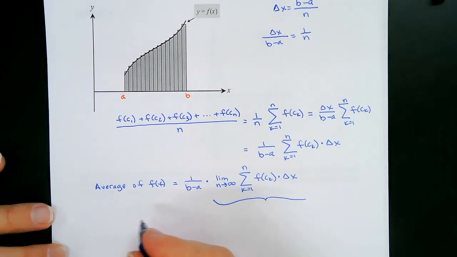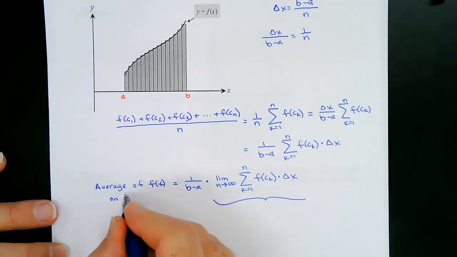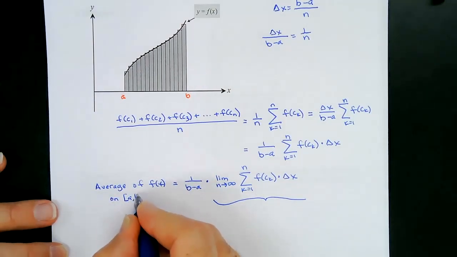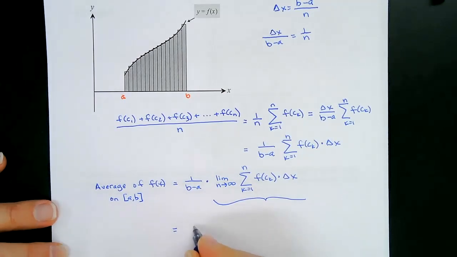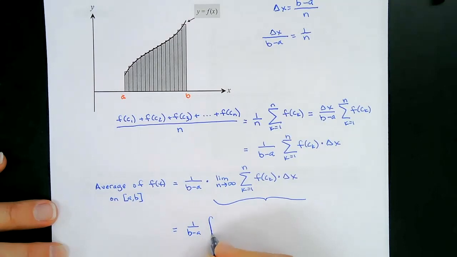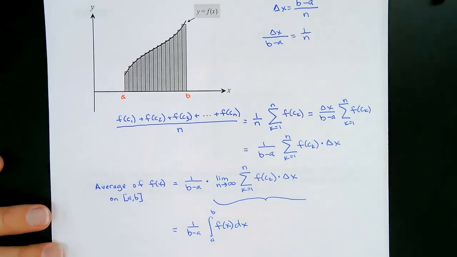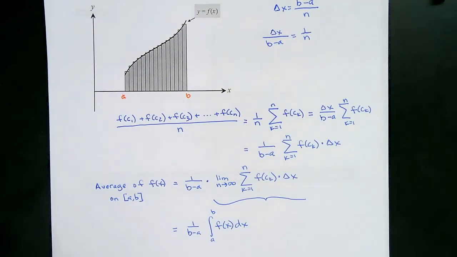So the average of f of x, and I should have said on this interval a to b, winds up being 1 over b minus a times the integral from a to b of my function f of x dx. So that's how we're going to find the average value of a function. It actually takes calculus to do it, and it's an integral.